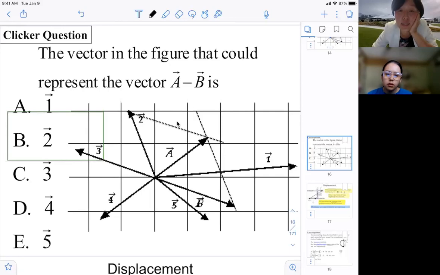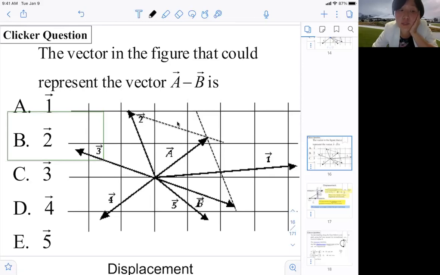It looks like it is vector 3, because by the definition it's in the exact opposite. So I was wondering if it's completely 180 degrees. Yes, it's completely 180 degrees, and it's a coincidence. It looks like from this diagram, the negative B is exactly 3.